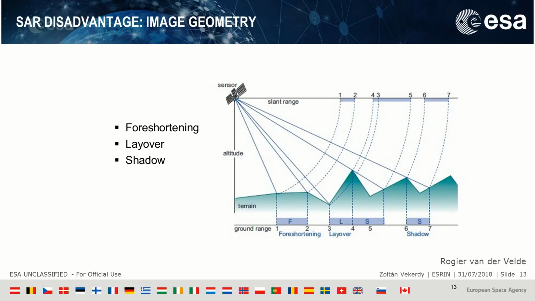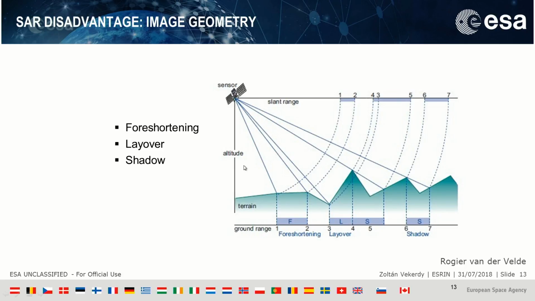Two problems. One is the geometry of this whole setup, where you have topography, and the topography is resulting in so-called foreshortening, when an area looks much shorter than what it is, if you are looking at the range of the radar beam. You can even have shadows where you don't have information behind the mountains.